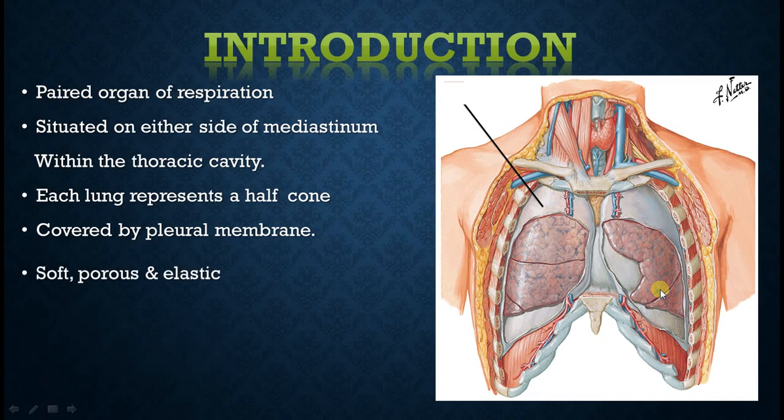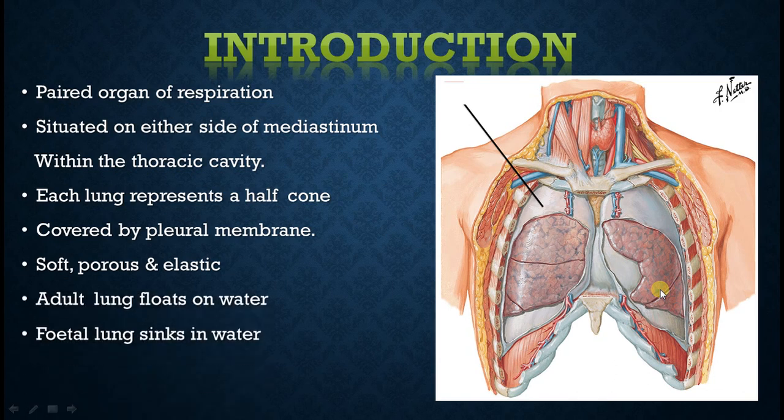As I told you, it is porous and elastic. So if you put an adult lung in water, it floats. You know why? Because it is spongy and porous because of the presence of the alveoli of the lungs. They are the air sacs, the functional unit of the lung where the gaseous exchange takes place.